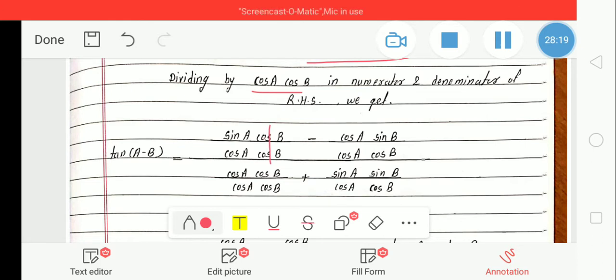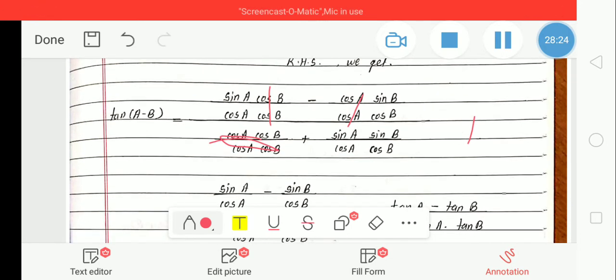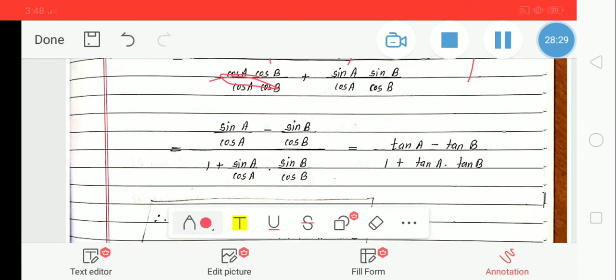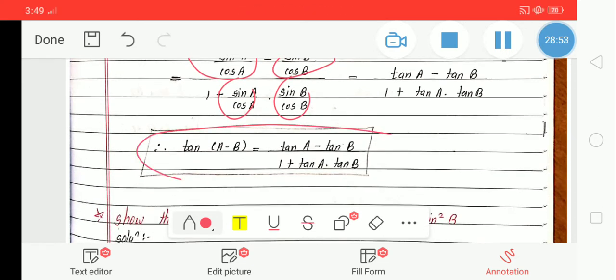So these are cancelled, here both the terms are cancelled, and here it gives these, so the value is 1, and these are not cancelled, so we separate them, sin a over cos a, sin b over cos b, so the value is tan theta, so tan a minus tan b over 1 plus tan a tan b, so giving this.